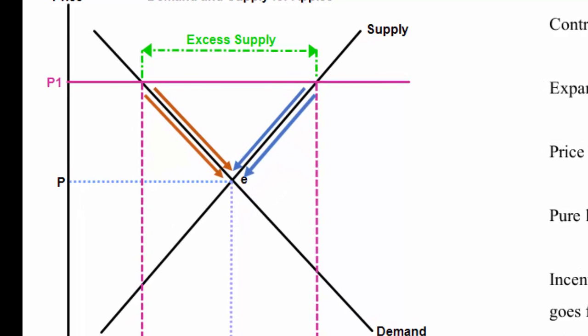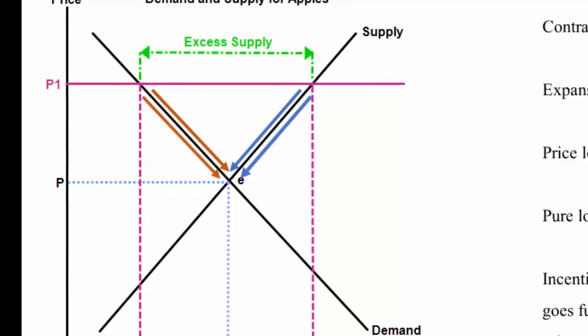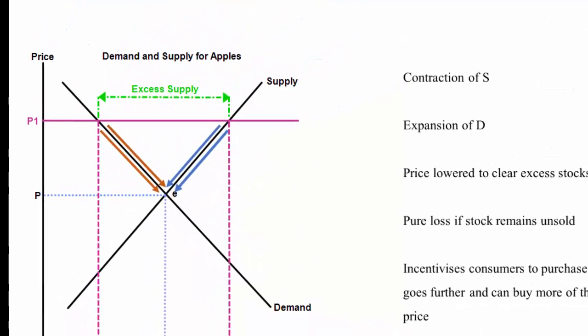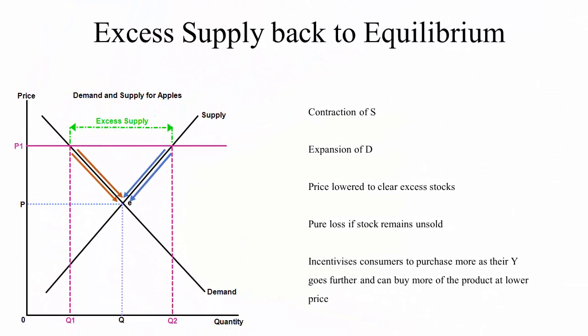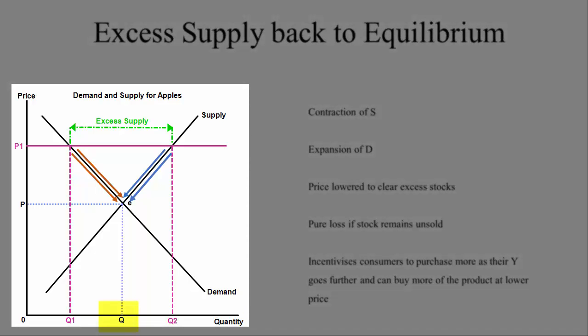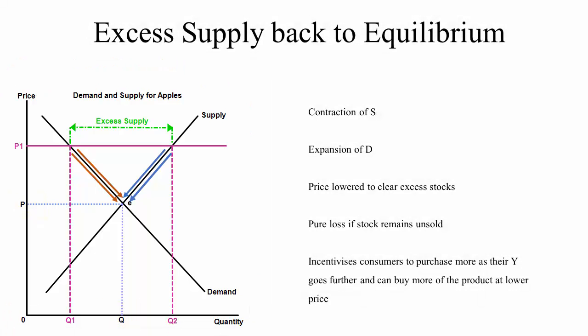And you can see that there will be a contraction of supply and an expansion of demand as we move back towards an equilibrium market clearing price where the price of the good is lower, so fewer suppliers will be willing to supply at that lower price after the clearance of the stock, and more consumers will be willing to purchase at that lower price because that price would fall within a greater number of consumers' incomes.